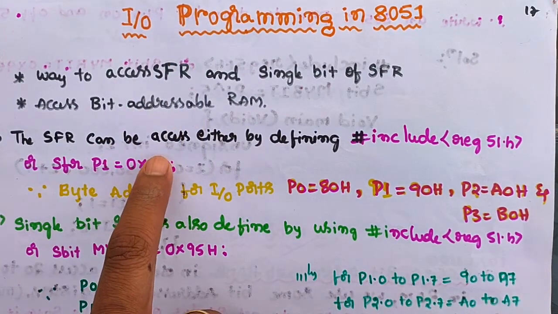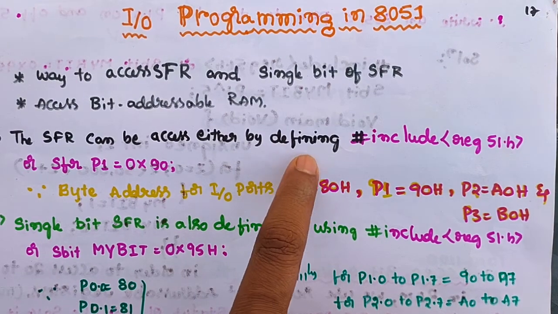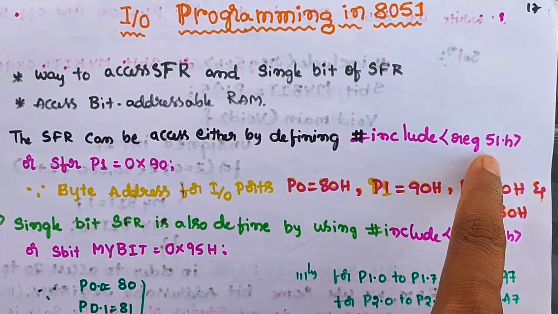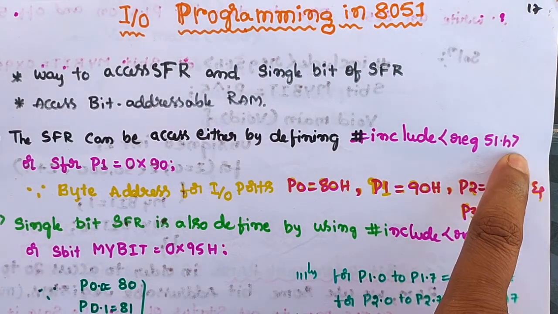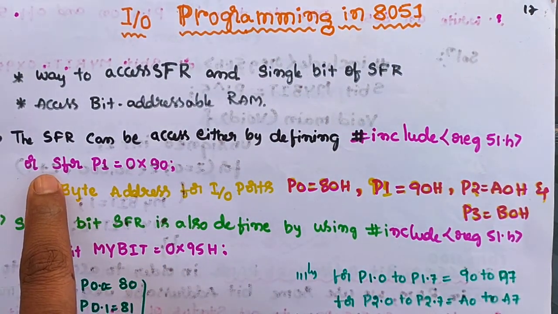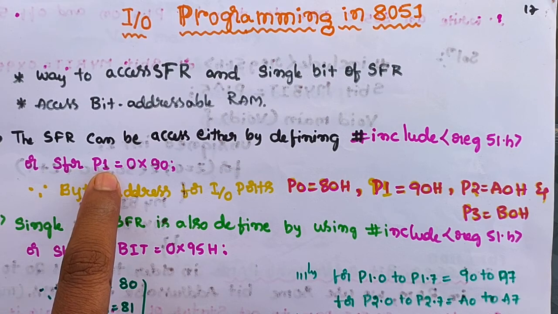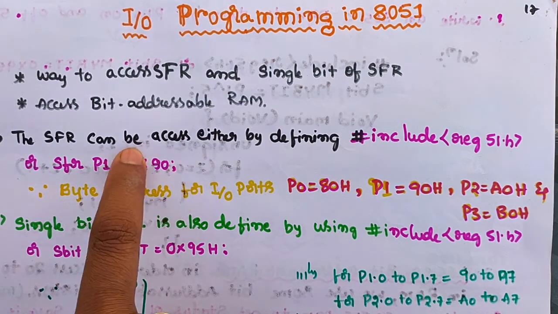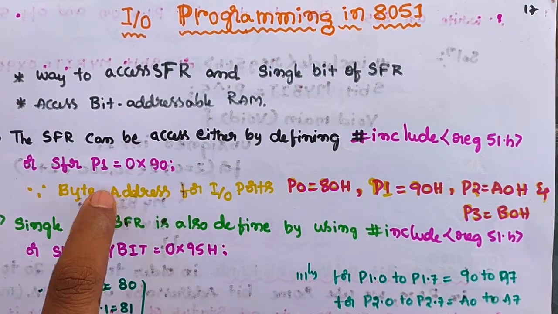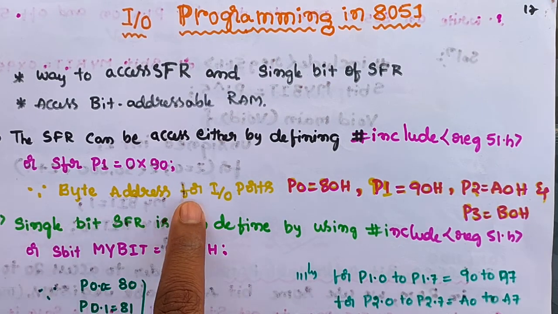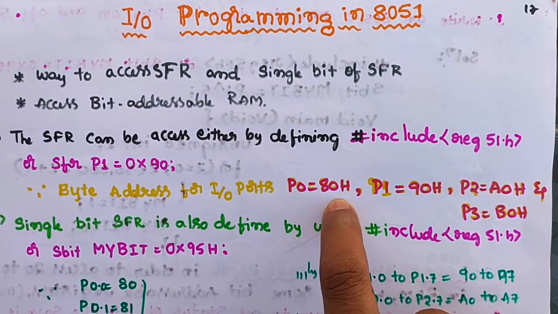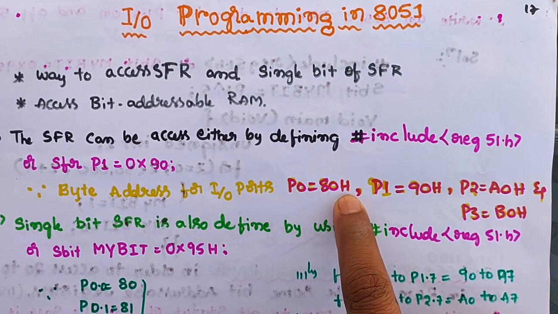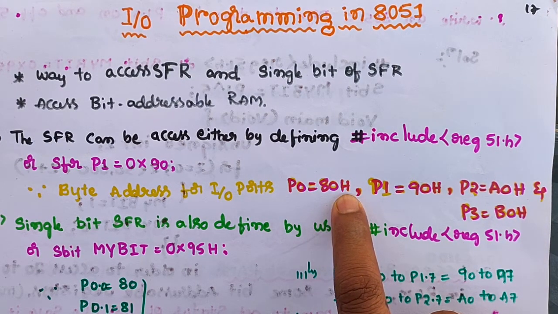So special function registers can be accessed either by including the header file reg51.h, or else you can mention the special function register for particular ports. The byte addresses for the IO ports are in the data memory location, nothing but RAM.